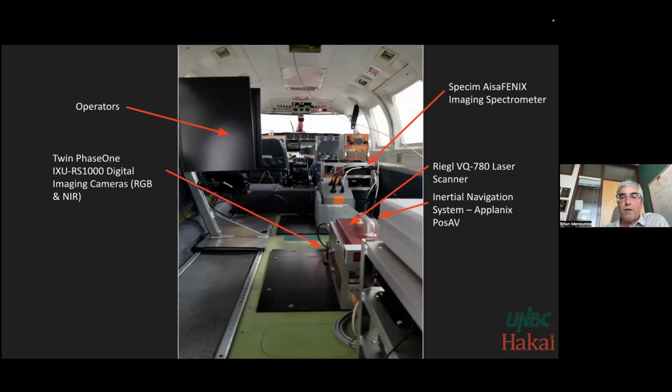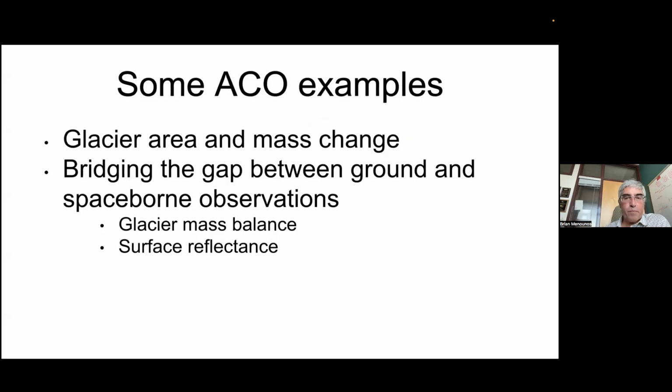So this is a LiDAR system with a very precise GPS, much more precise than what we may have in our phones. And then we also have what's called an imaging spectrometer. So this allows us to image below the aircraft in hundreds of discrete channels in the visible and near infrared portions of the EM spectrum.